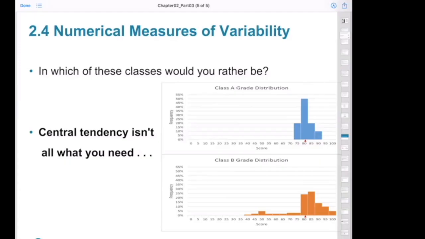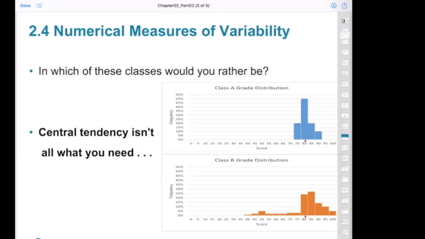So at least, if you don't have a good grade in this class, it will be 75, right? This is the minimum score there. But look at the second class, class B. We have the range from 40 to 100.